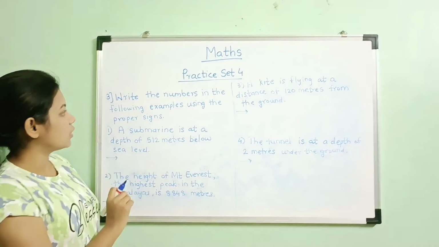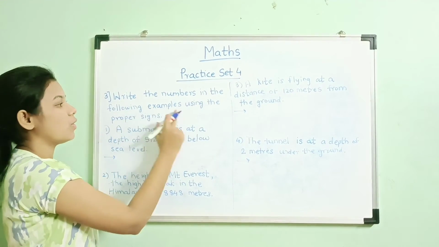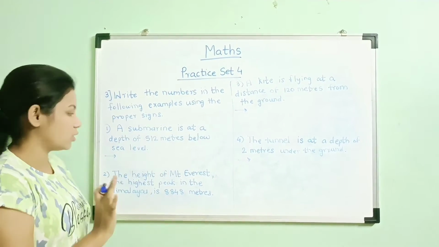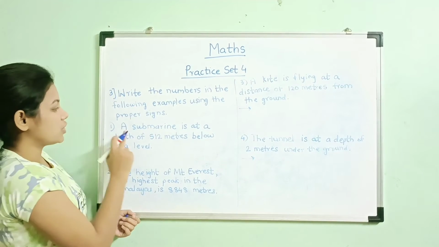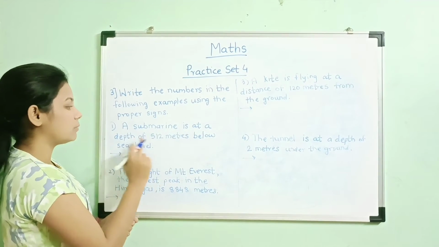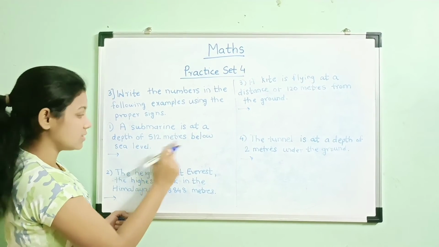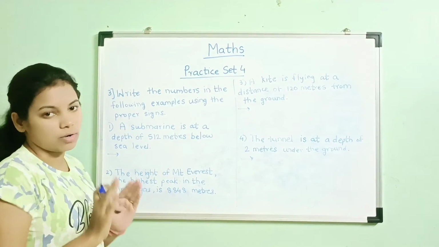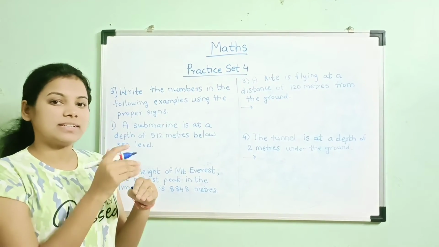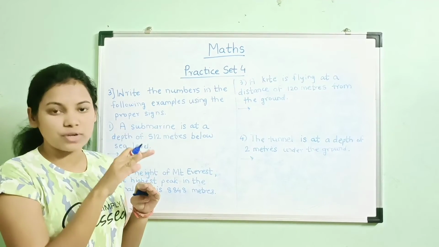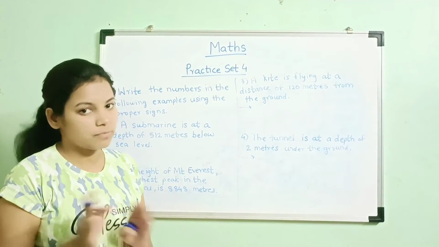Now, what is the third question? Write the numbers in the following examples using the proper sign. Okay. What is the first sub question? A submarine is at a depth of 512 meters below sea level. As all of you are aware, if you are considering above sea level or above ground level, there will be positive signs for those numbers.